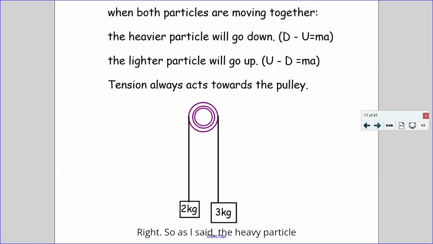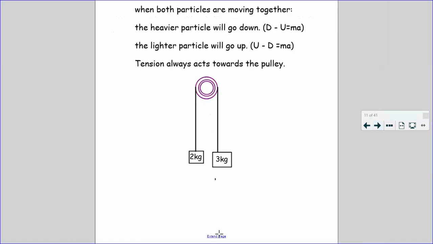Right, so as I said, the heavy particle goes down and the lighter particle will go up. So if you look at this pulley situation here, the heavier particle is 3 kg and the lighter one is 2 kg. So this 3 kg particle goes down. So for this one, we are doing down minus up equals ma, right?